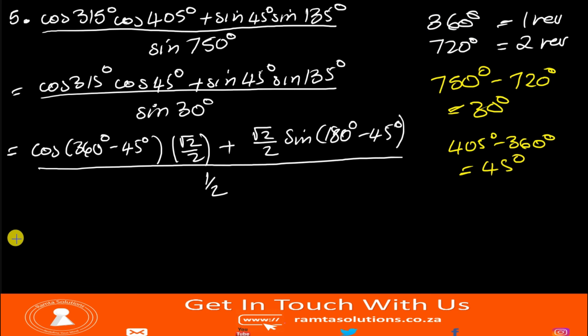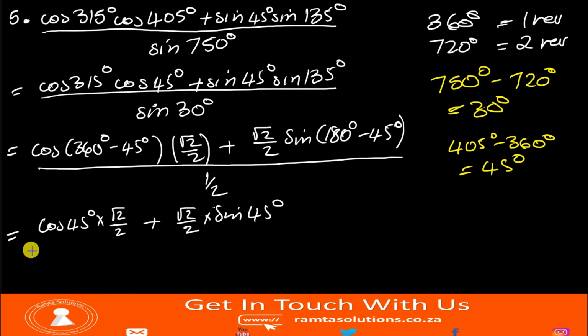Cos in the 360 minus is positive. So this is cos 45 degrees multiplied by root 2 over 2 plus root 2 over 2. Sine in the 180 minus is positive. So this is multiplied by sine 45 degrees all over half. Cos 45, we said, was root 2 over 2.